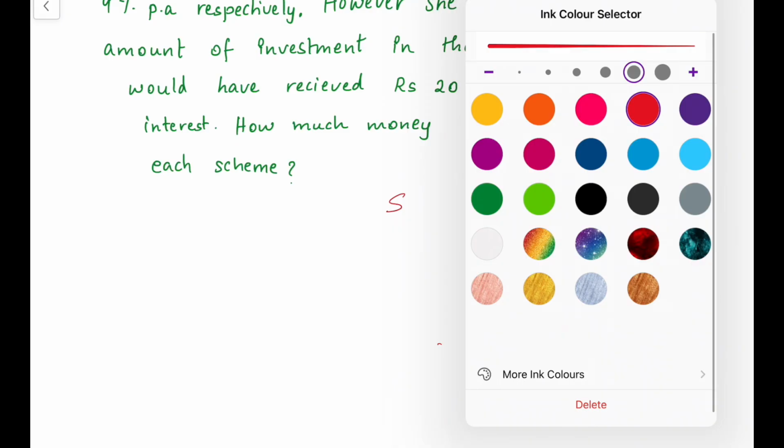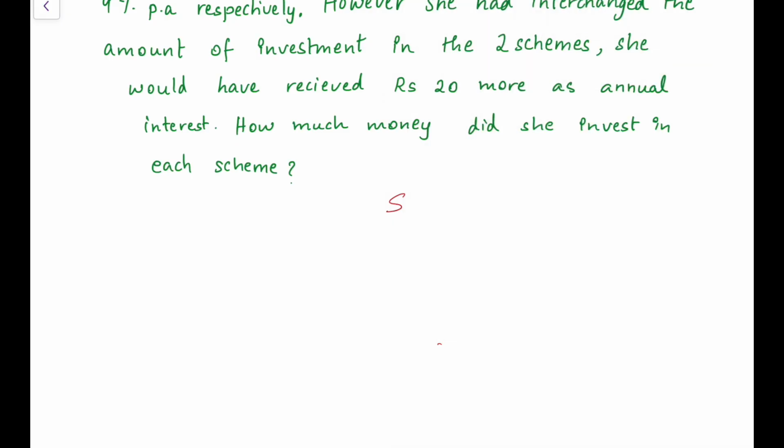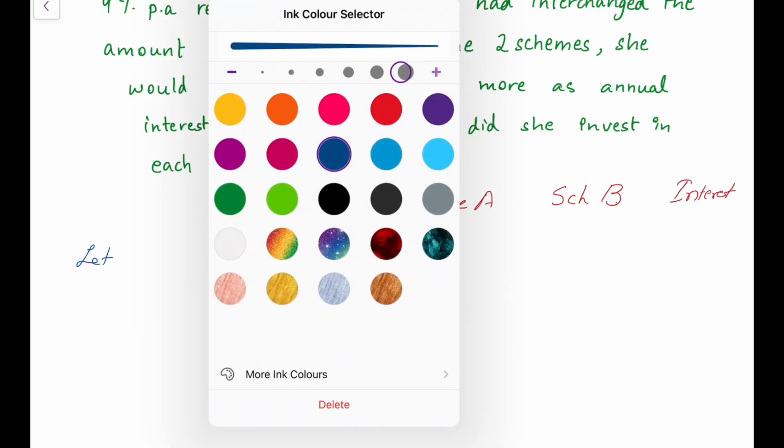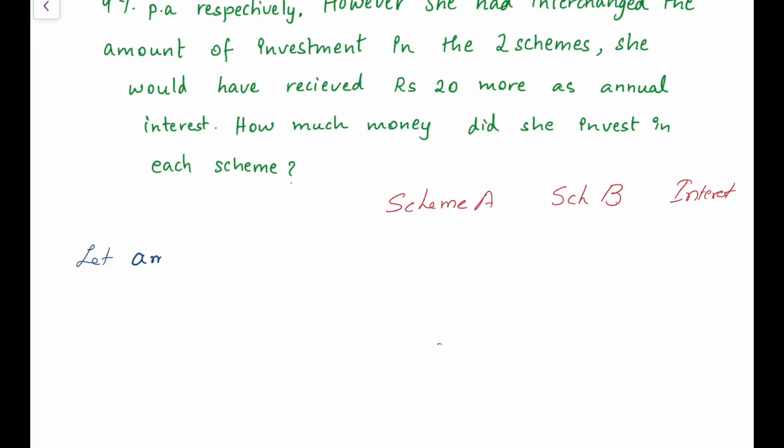Scheme A and scheme B, interest. So let the amount invested be x and y.